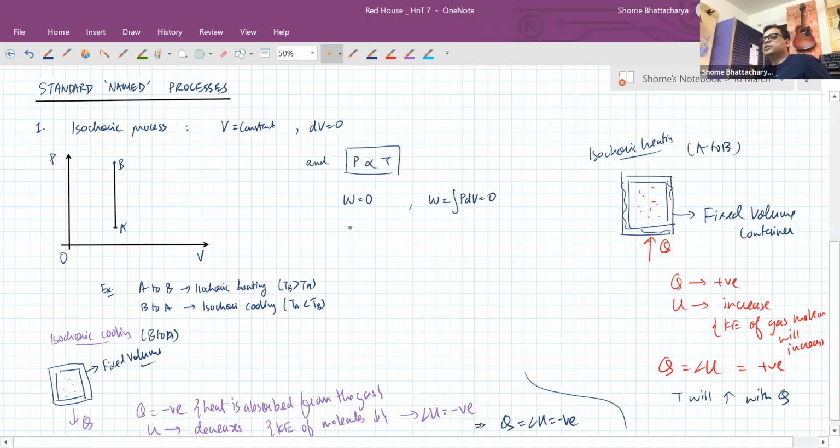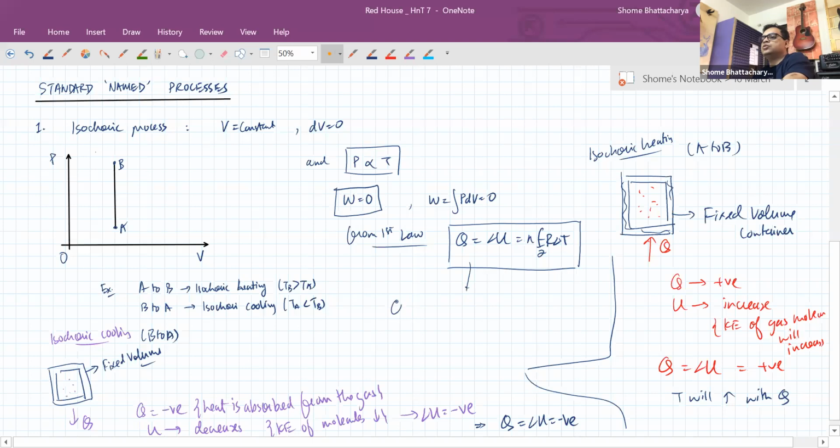Okay. So further from the first law, you can see that Q is equal to delta U is equal to nf/2 R delta T, whereas W is 0. Okay.